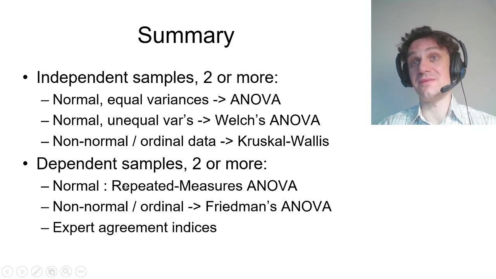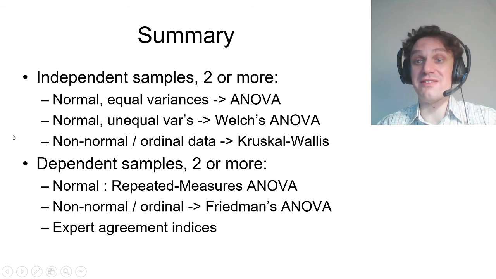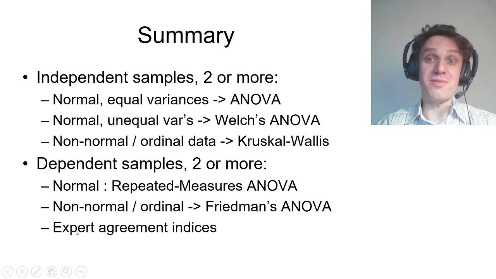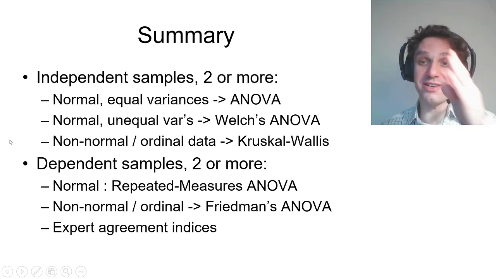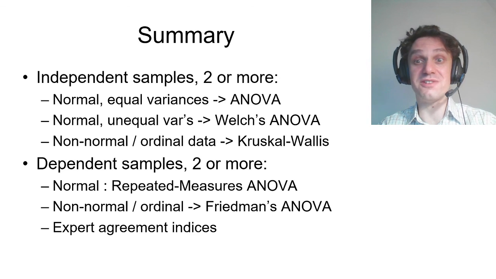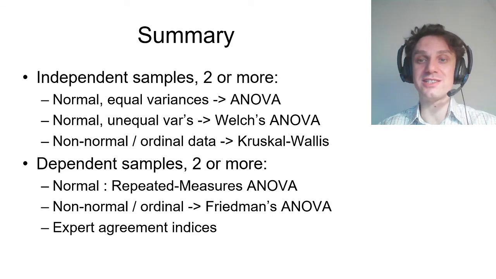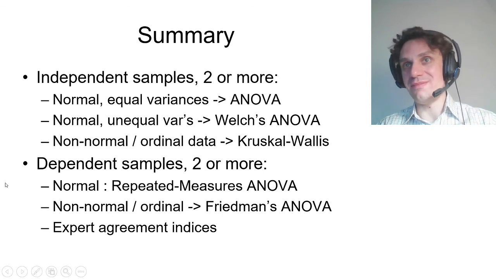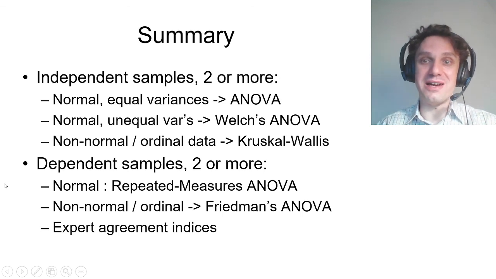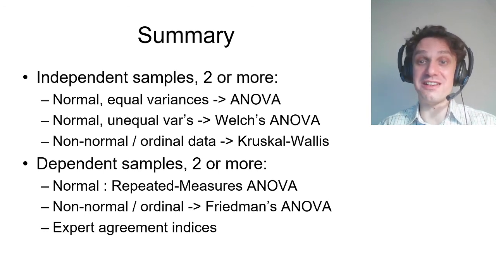And similarly for dependent samples, or we'll say for repeated measures, you use either repeated measures ANOVA or its non-parametric alternatives. Or you might want to look into some expert agreement statistics if your repeated measures are observations by different experts of the same objects. And of course, we'll come back to different types of ANOVA when we take a look at more complicated situations where we have several independent variables at once.